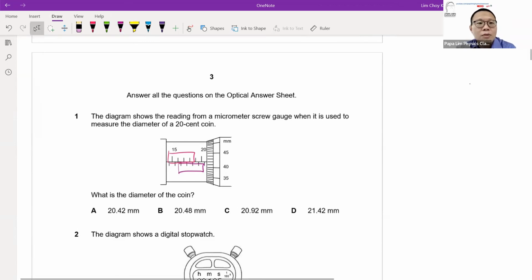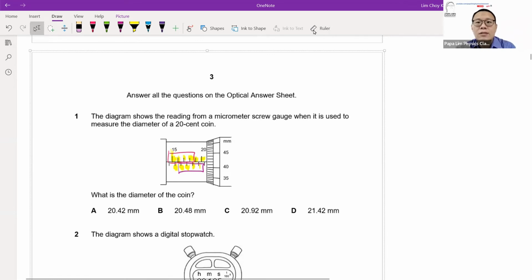So the bottom will be 15.5, and on top will be 16, 16.5, 17, 17.5, 18, 18.5, 19, 19.5, followed by 20. So the top line will be in terms of ones, the bottom line will be in terms of 0.5.